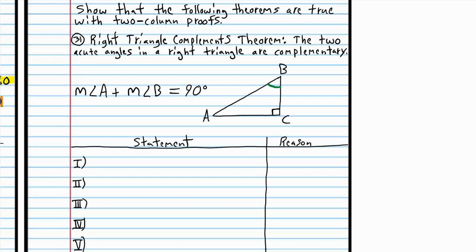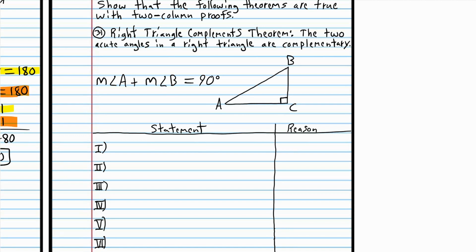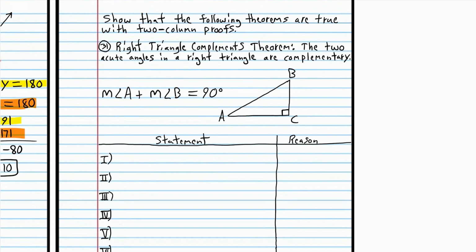If two angles are complementary, that means the measures always add up to 90. So that sounds complicated. It's the right triangle complements theorem. If you have a right triangle, then the two angles that are not the right angle, the two other angles, they add up to 90. That's the right triangle complements theorem.